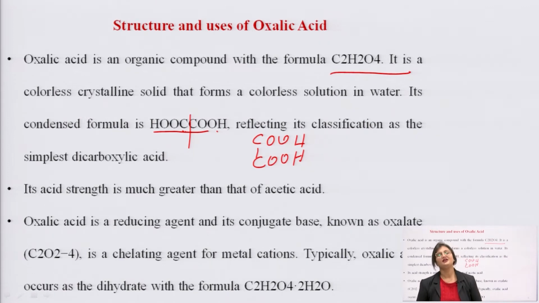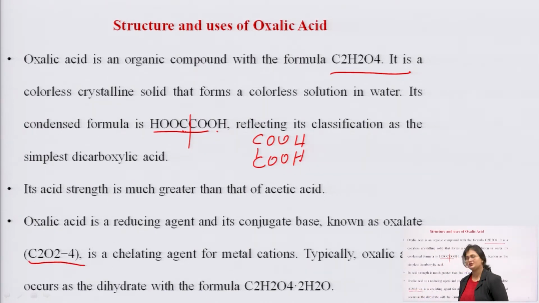Its conjugate base is known as oxalate, which can be denoted by C2O4 2-. It is a chelating agent. Oxalic acid is known to act as a chelating agent for metal cations.